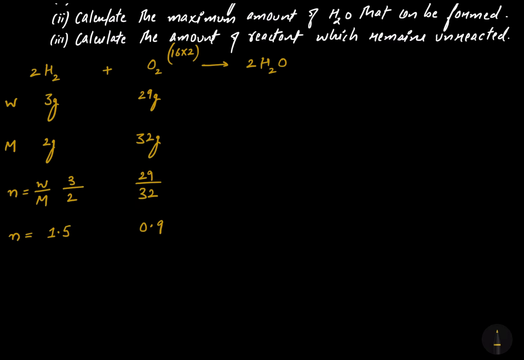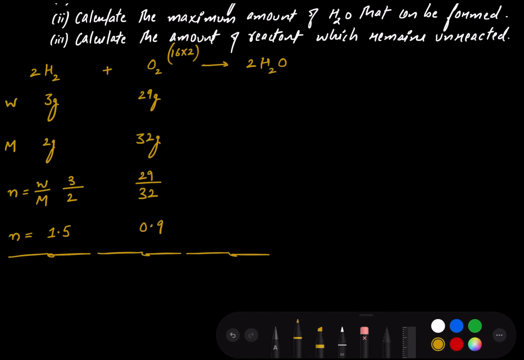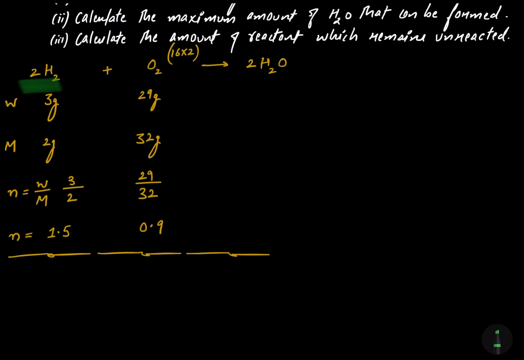Now I have to evaluate the limiting reactant. So let's come back to the reaction. What is this reaction stating? The balanced chemical reaction states that 2 moles of hydrogen react with 1 mole of oxygen.